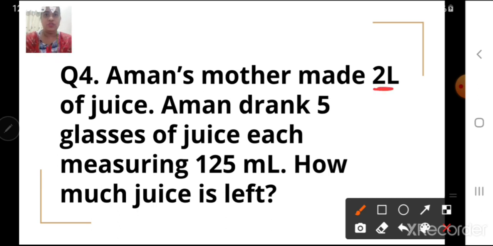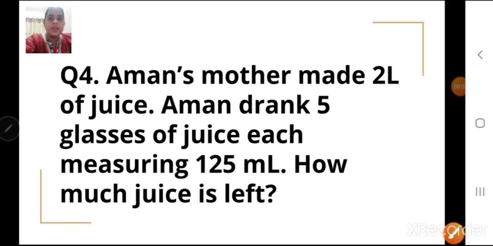Now Aman liked juice very much, so he drank 5 glasses, and each glass measures 125 milliliters. Correct? So how much juice is left?